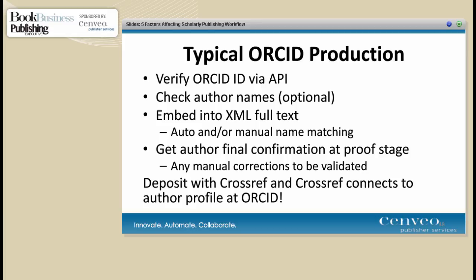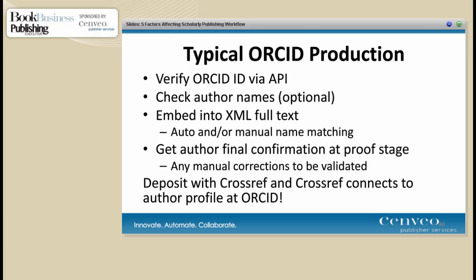At author peer review, a common practice is to add links based on the ORCID ID and then to query the author, asking the author to verify that the links are pointing to the correct ORCID author profile page, and so confirm the accuracy of the metadata. If during the proof process there are any further corrections or additions, any manual changes, it's essential that those also be verified.